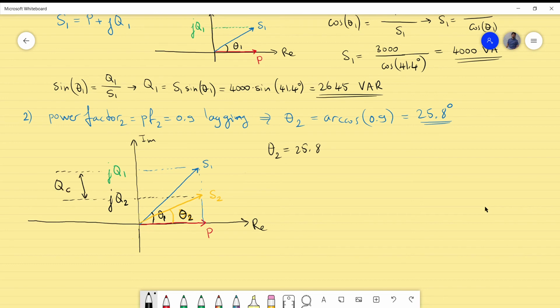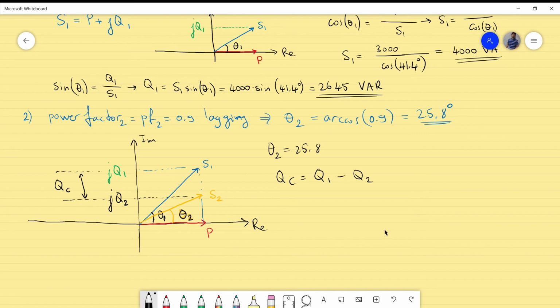So the QC must reduce Q1 to Q2. So you can already say QC is equal to Q1 minus Q2. So if you determine the value of Q2, you know QC, and from QC you can determine the value of the capacitor. But first let's use this triangle and work through the Q2.